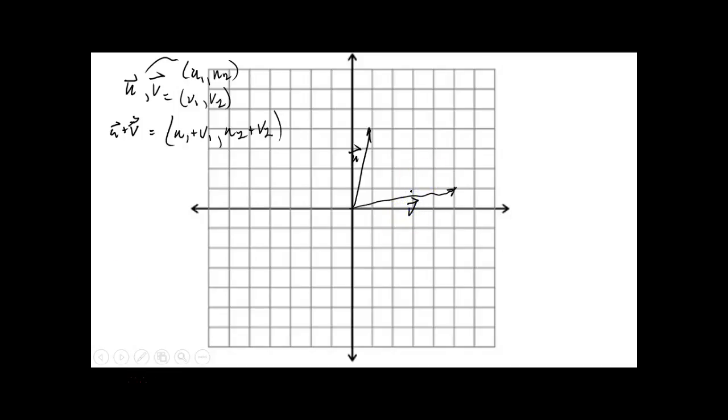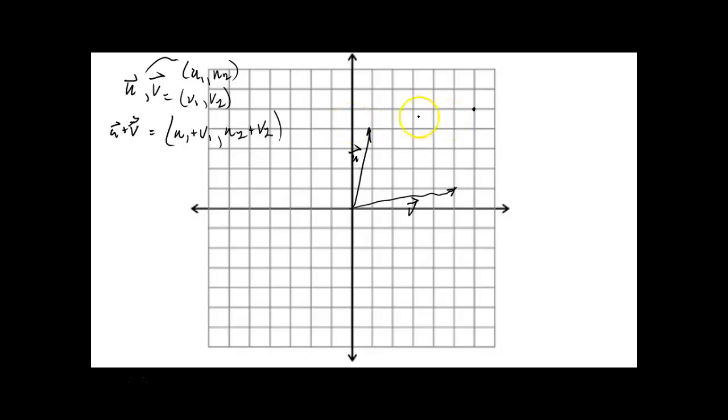Now, to add those together, the way I've drawn it, u has 1 as its first component. Vector v has 1, 2, 3, 4, 5 as the first component. So the sum of those would be 6. And the y component, or the vertical component, would be 1 for vector v and 1, 2, 3, 4 for vector u. 1 plus 4 would be 5.